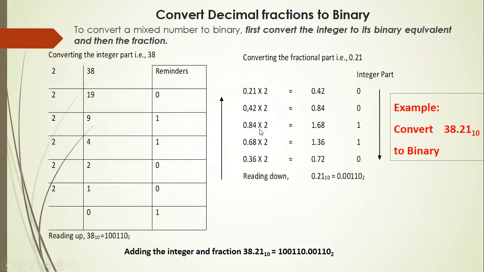Then 0.84 times 2 is 1.68. Now I'll take this integer part 1. 0.68 times 2 is 1.36, so again I'll take the integer portion. Now 0.36 times 2 is equal to 0.72, so I'll take this 0 into consideration.